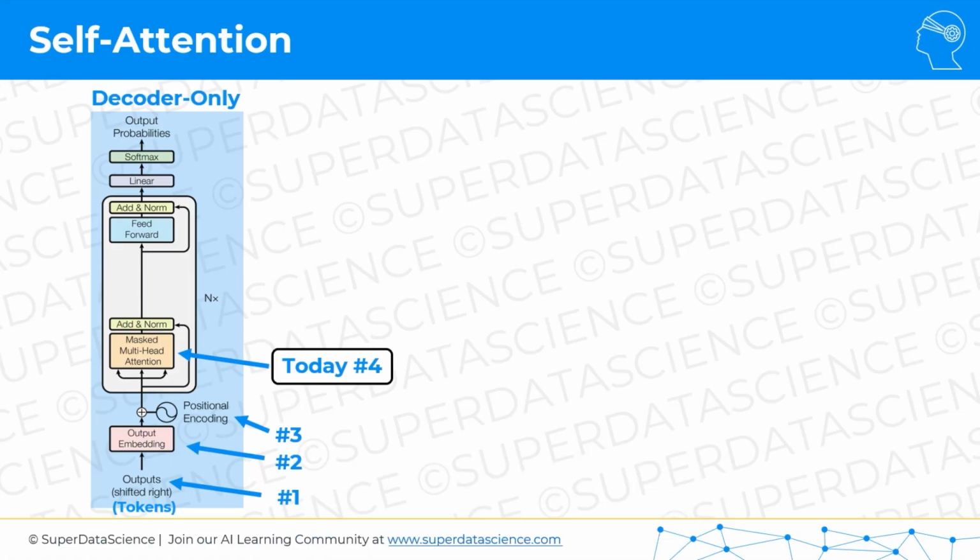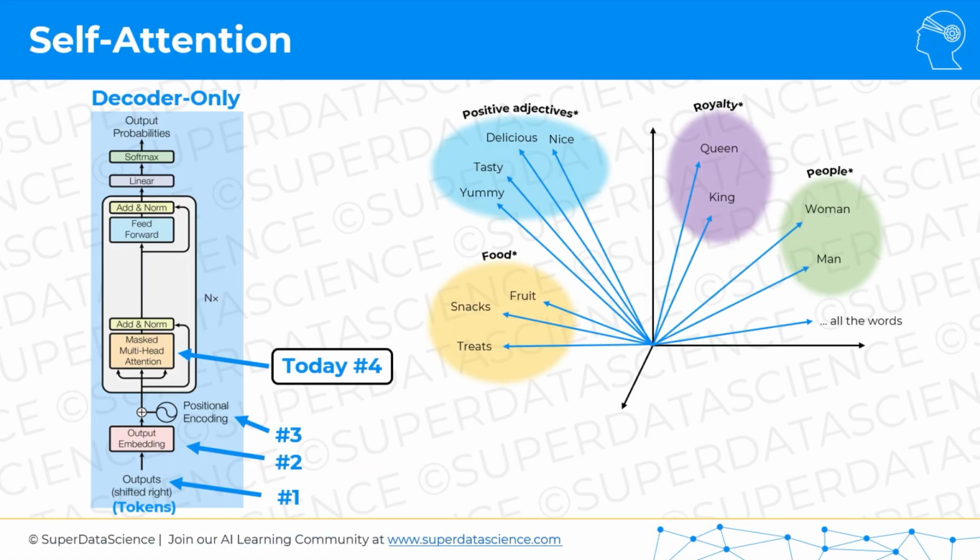So what have we got so far? We've got vectors which have captured semantic meaning. Fruits, snacks and treats are all similar. Then we've got adjectives, we've got nouns representing royalty, and so on, and a vector for every single word in the English language. So we've managed to create that, and they capture semantic meaning.